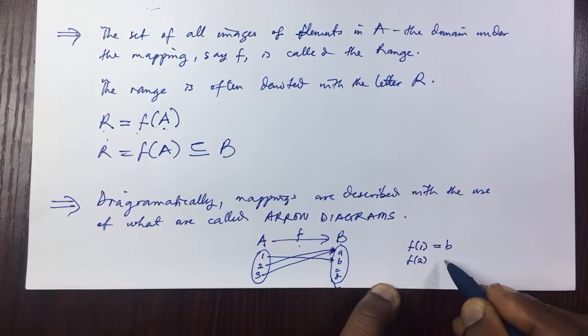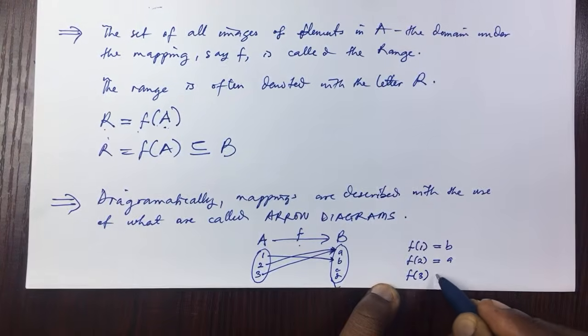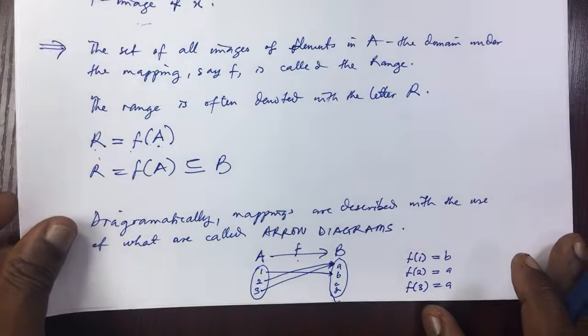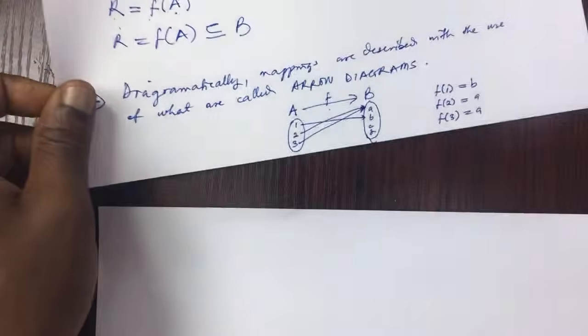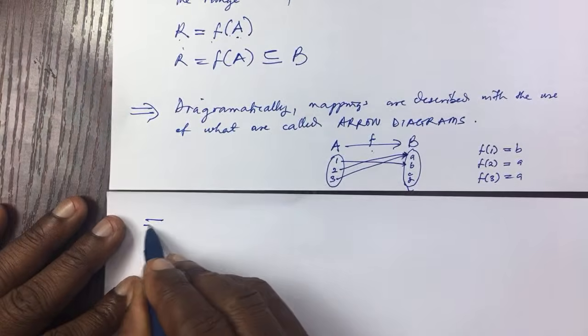F of 2 will be equal to a. F of 3 is also equal to a. And what does that mean? It means that we can draw certain conclusions from what is going on here. And what conclusion can we see? Note the following.